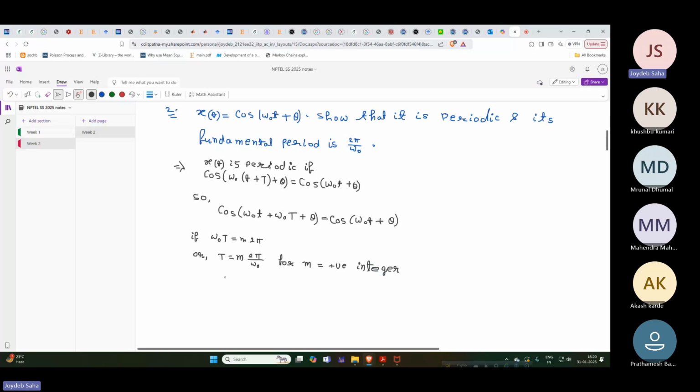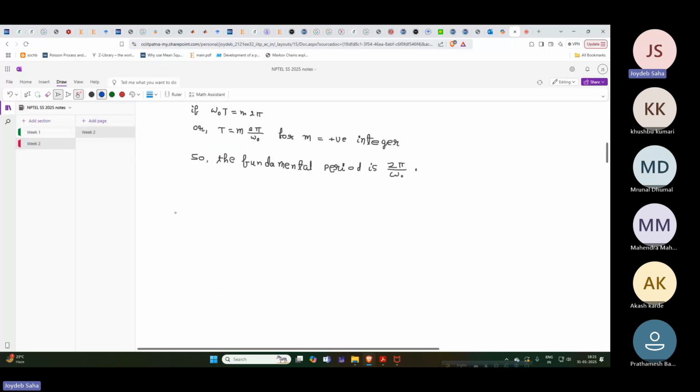The fundamental period is for m equal to 1, that is 2 pi by omega 0. Fine.